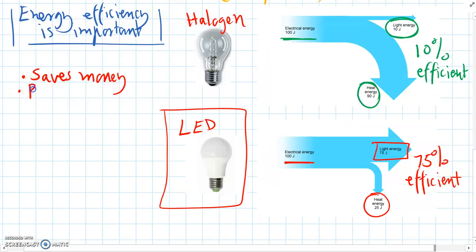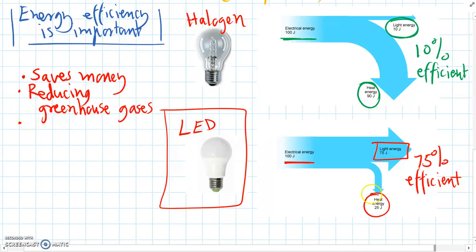And for petrol engines and things that create carbon dioxide, we're reducing greenhouse gas emissions, which is really important for reducing climate change, as we know.